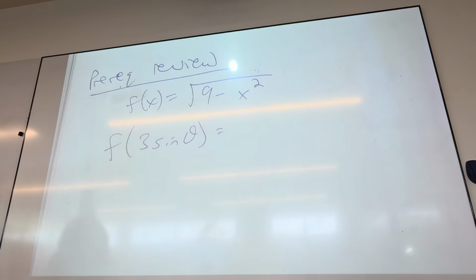So we've got function notation, we've got substitution, we've got all sorts. Just throw a 3 sine theta in there, see what you get. I want you to simplify it as much as you can. Any questions on what I'm asking you to do? Does everybody see what they're supposed to do here? Okay, go for it.